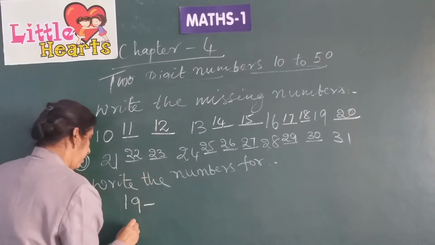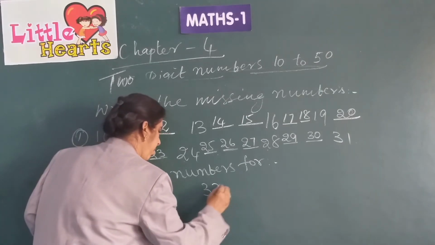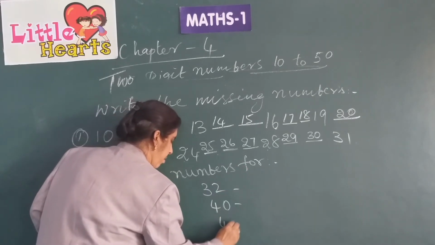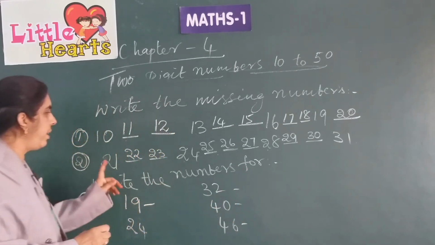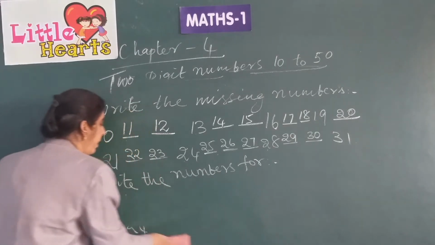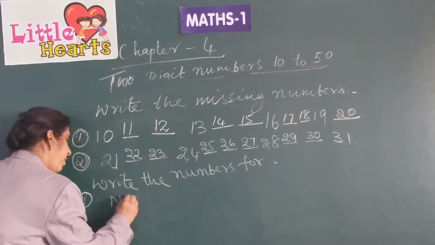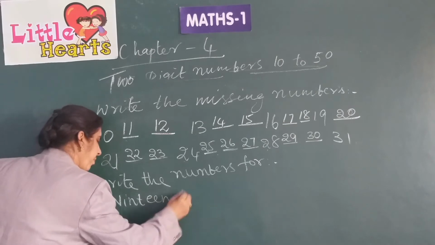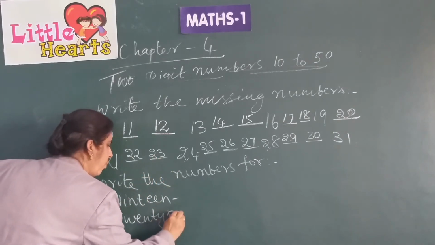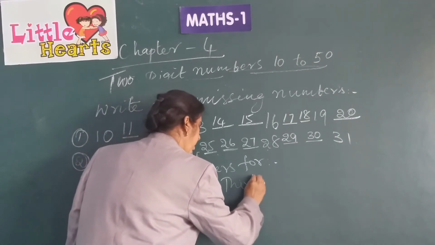Write the numbers for the given number names. 19, 24, 35.